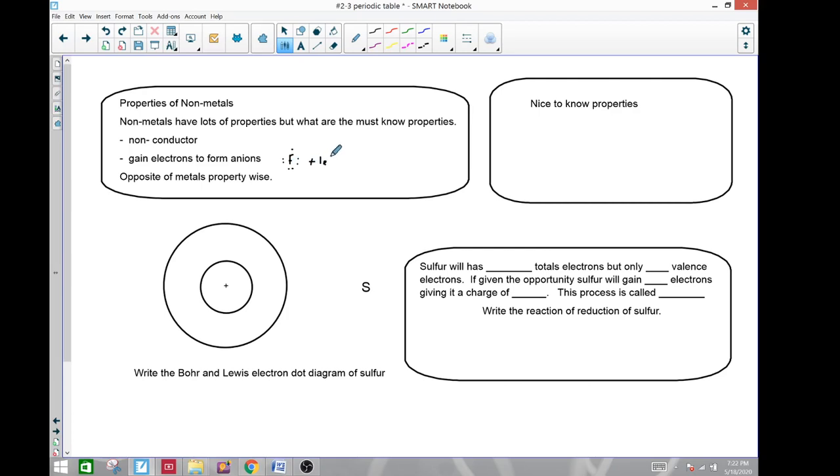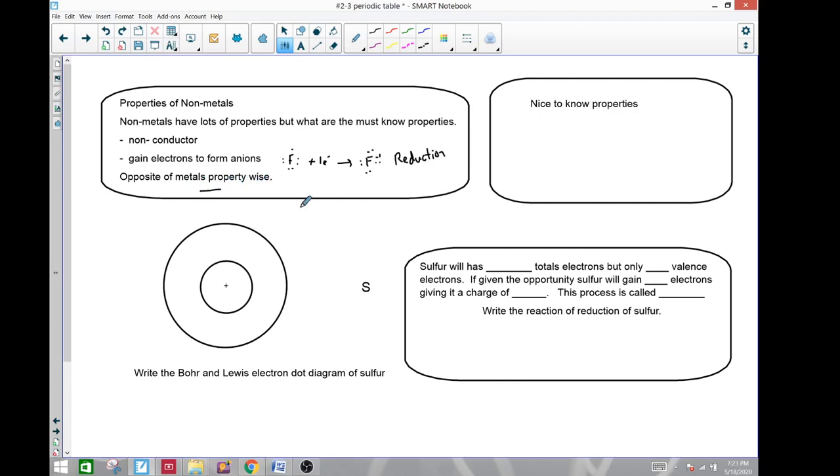You'll grab one more electron to form fluoride, F -1. 1, 2, 3, 4, 5, 6, 7, 8. We call this reduction, by the way. It seems kind of strange to call something that gains electrons reduction, but that's because it wasn't really referring to electrons, it was referring to oxygen, but it's different now. So we changed the rules. Opposite of metals, pretty much, property-wise.